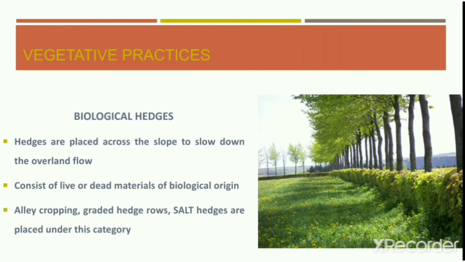Among the vegetative methods, biological hedges are an important one. The hedges are generally placed across the slope to slow down the overland flow. These can consist of live or dead materials of biological origin. Alley cropping, graded hedgerows, and salt hedges come under this category.